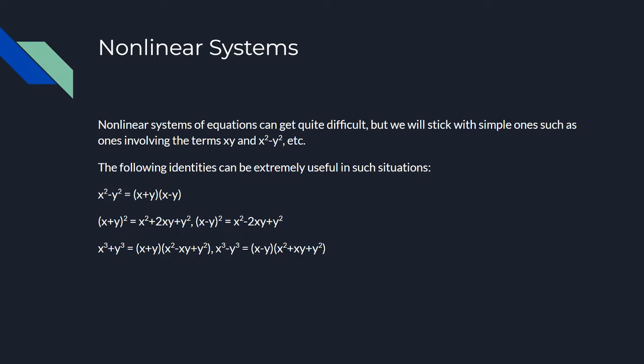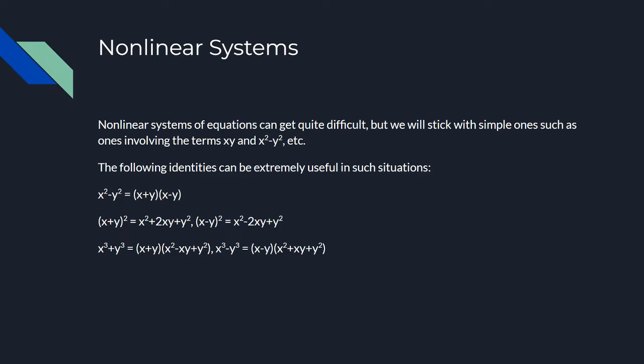We have x squared minus y squared equals x plus y times x minus y, and of course, all of these can be easily verified by simply multiplying these binomials out. We also have x plus y squared equals x squared plus 2xy plus y squared, and x minus y squared is equal to x squared minus 2xy plus y squared.